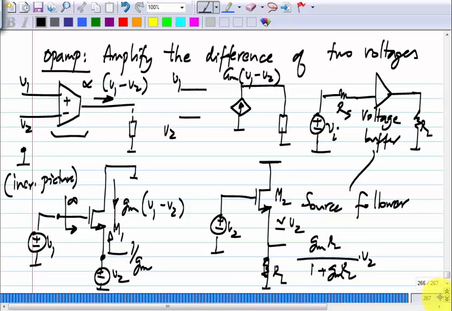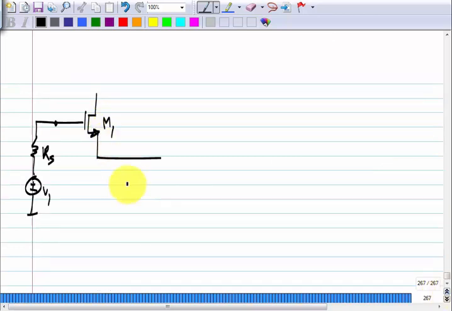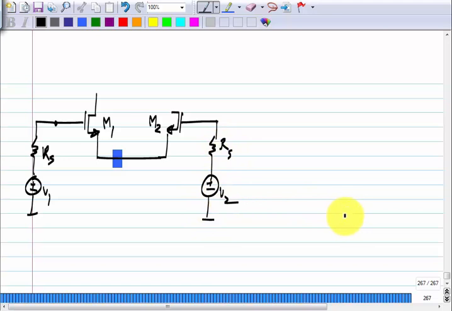So, I have my M1 here, and I had to apply V2 to this point, but I will apply it through a buffer M2. Again, we are still in the incremental domain, so I have not yet connected anything to the drains of the transistors. My first goal is to get a current that is proportional to the difference V1 minus V2. So, I will connect it up like this.